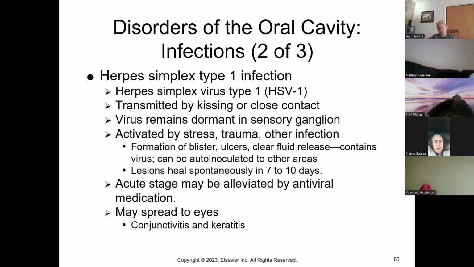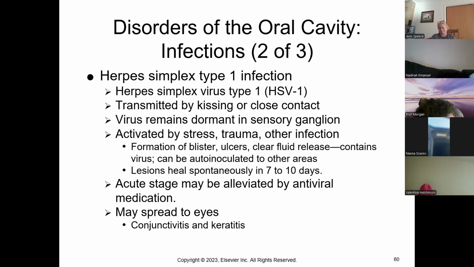The virus migrates along the nerve, that trigeminal sensory nerve, to the skin or mucosa. First, it starts with a burning or tingling or stinging. And then you get these little vesicles, the blister itself. When the vesicle ruptures, it leaves a little ulcer, just pure phlegm.